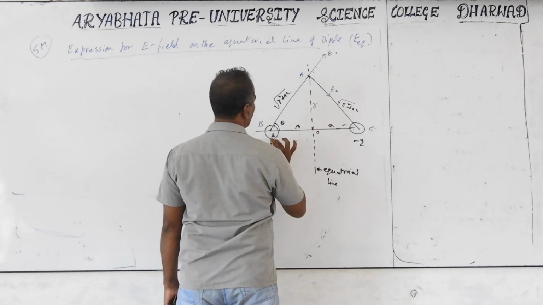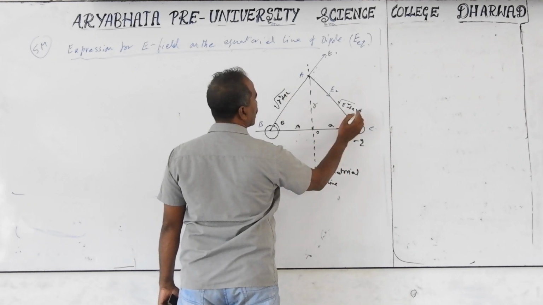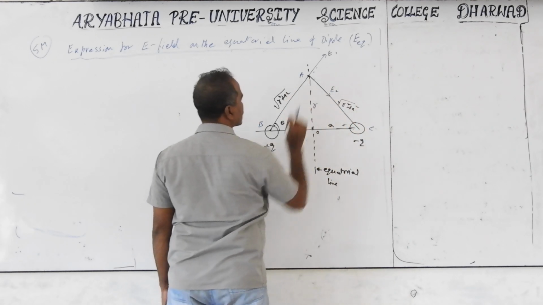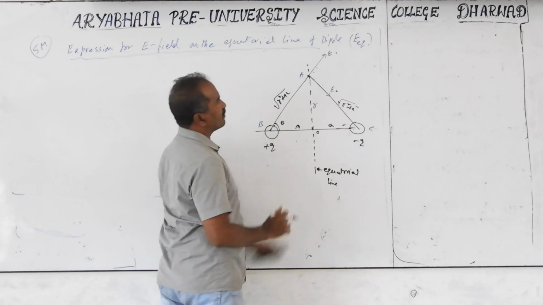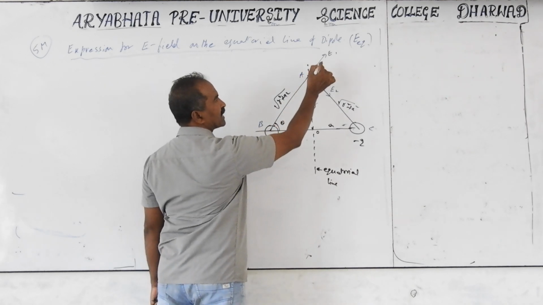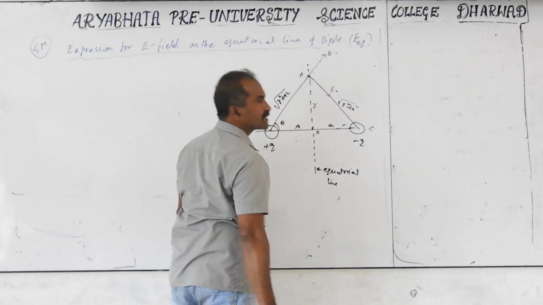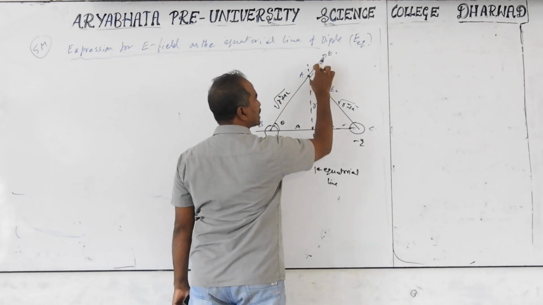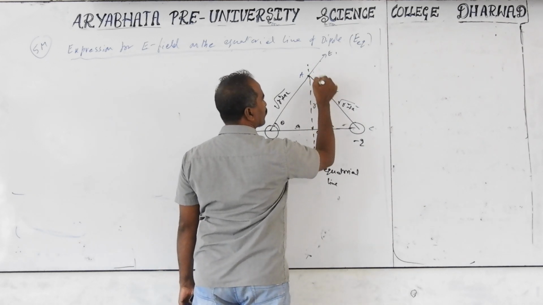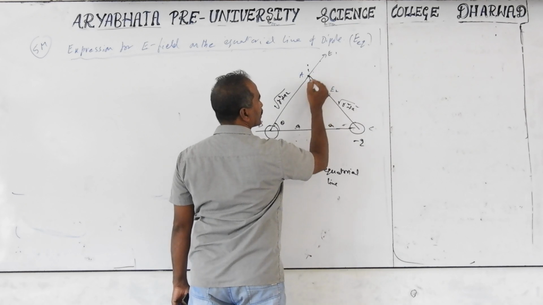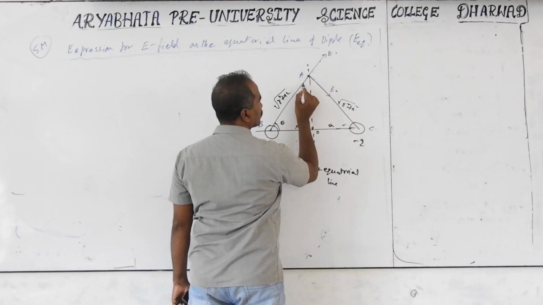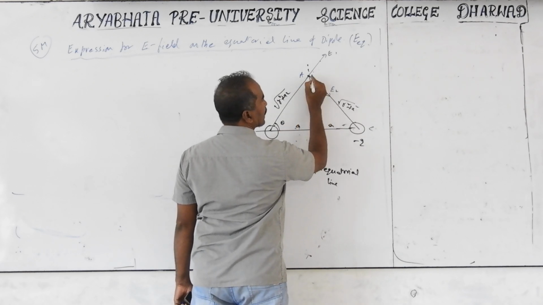For E1 and E2, the charge is the same and the distances are the same, R square plus A square. So charge is the same, distance is the same at the given point, which means E1 equals E2. The resultant field must be in the direction exactly in the middle of the two. So this is 180 minus theta, this is theta.